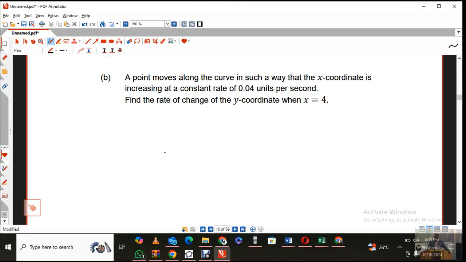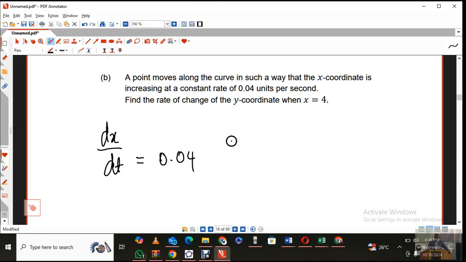Now, that is obviously giving us x going to increase in such a way, so that is nothing but dx dt, because it moves with respect to x over time. So this is dx dt, units per second.